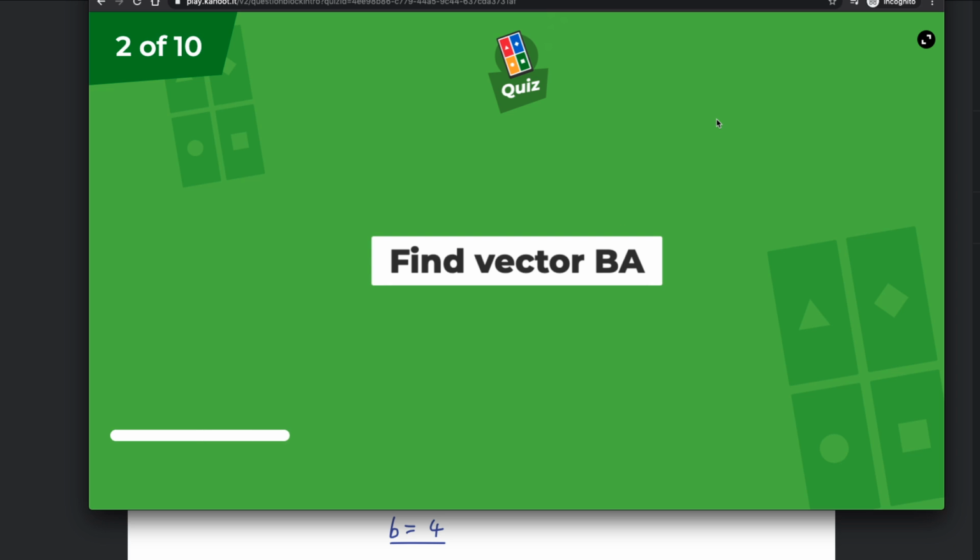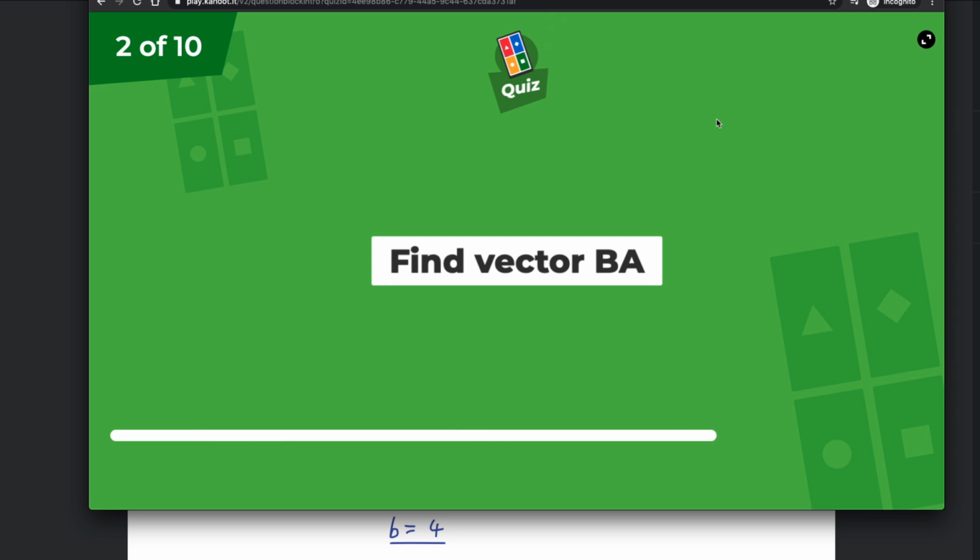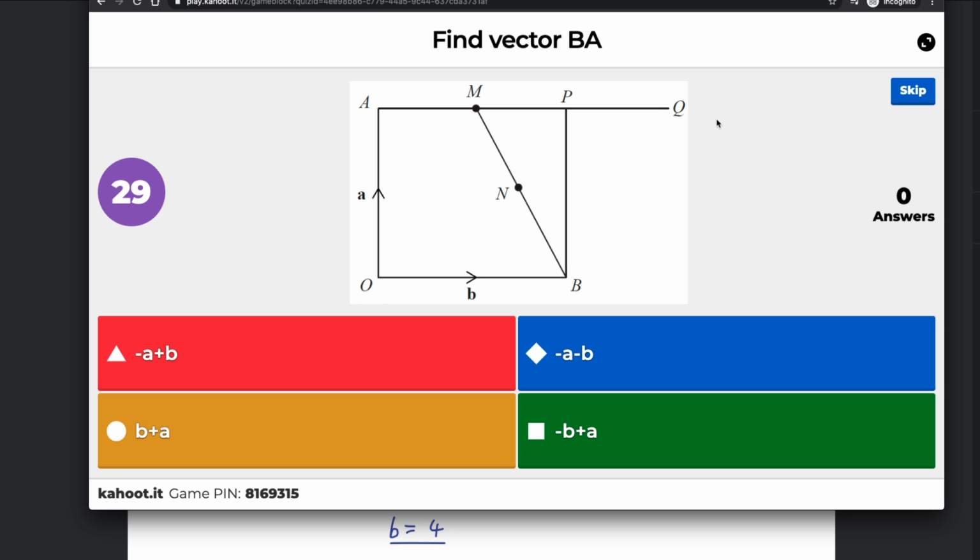Let's see. Question 2. Find vector BA. So you're basically finding how to get from point B to point A in this case. So how would you get there? Direction is important.